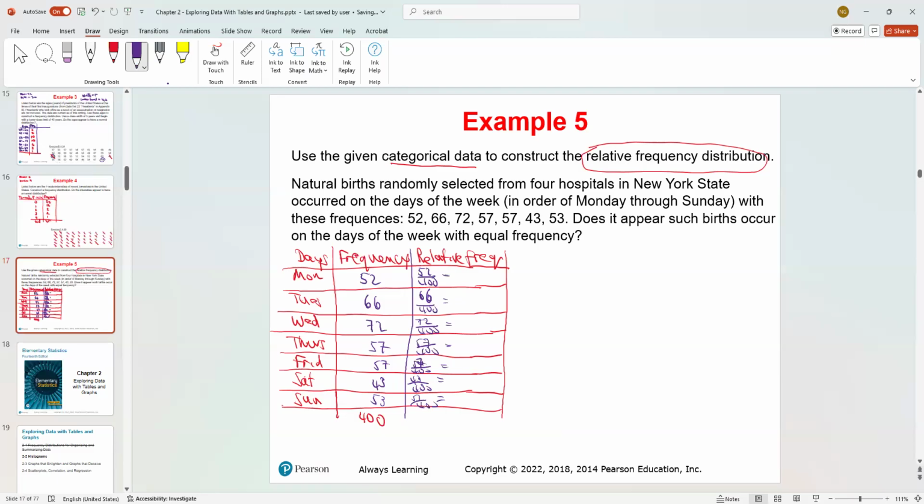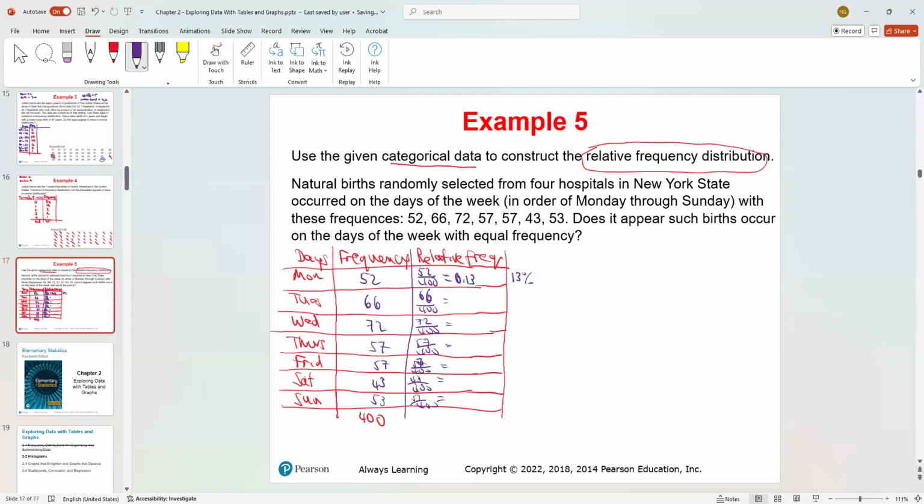So all we need to do is take each of them, like 52 divided by 400, that gives you 0.13. Remember, we express it in decimal, but if you want percentages, multiply by 100, that makes it 13%.